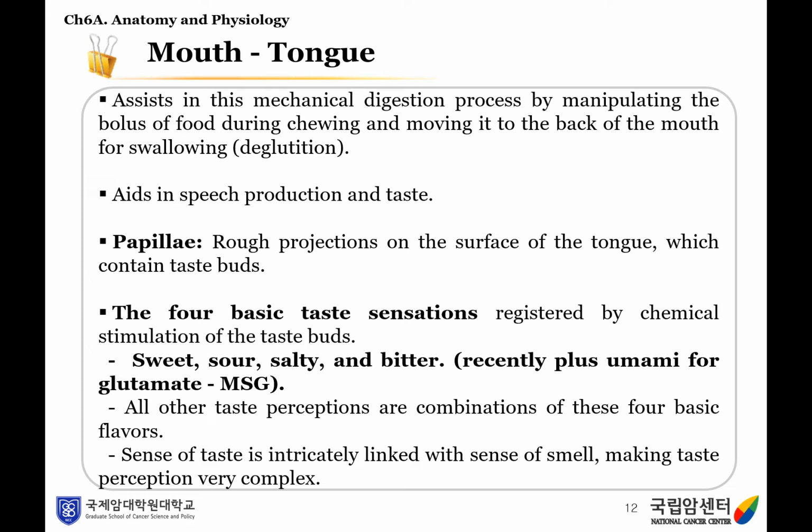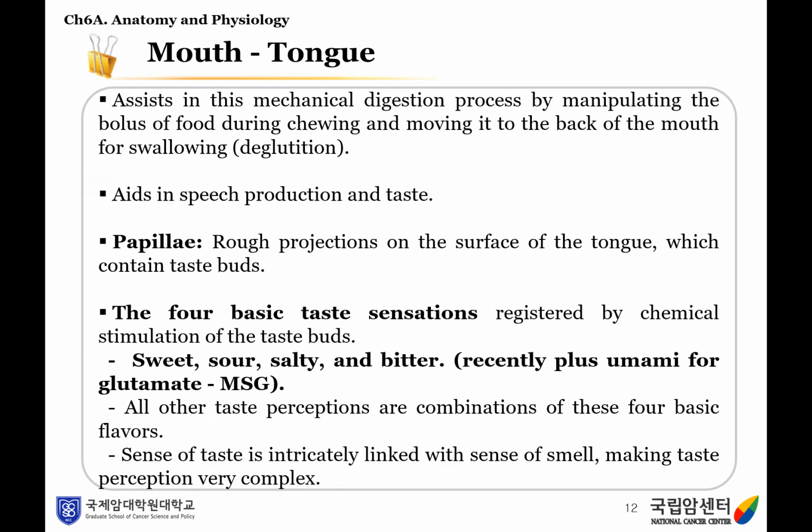There is this papilla, these rough projections on the surface of the tongue, which contain taste buds. There are 4 basic taste sensations registered by chemical stimulation of the taste buds: sweet, sour, salty, and bitter.